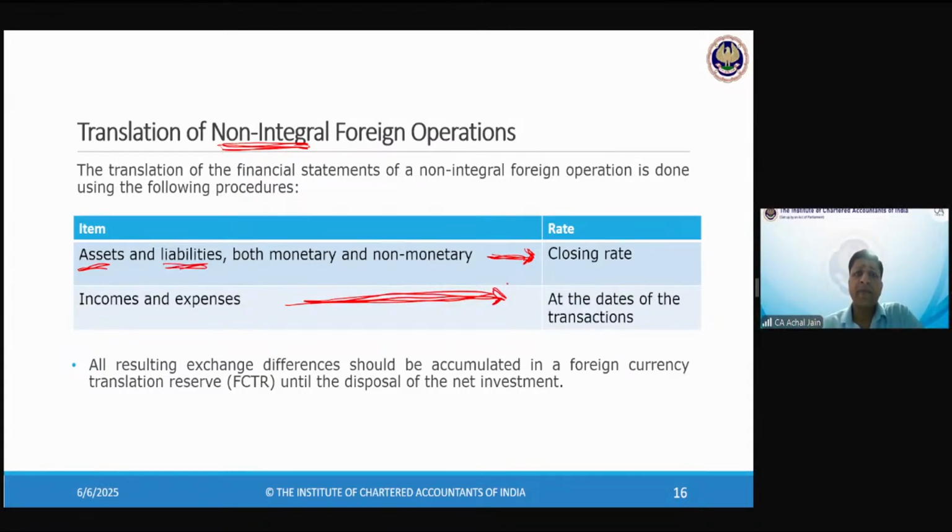The standard says that for P&L items it's practically difficult for a company to apply the rates of the dates of transaction, because during the year there could be hundreds, thousands or lakhs of transactions. So instead of using the rate of the date of transaction, you can also use the average rate. The standard allows this.